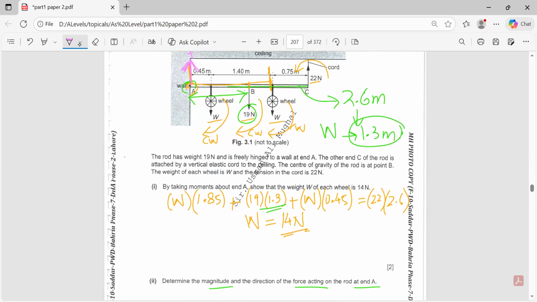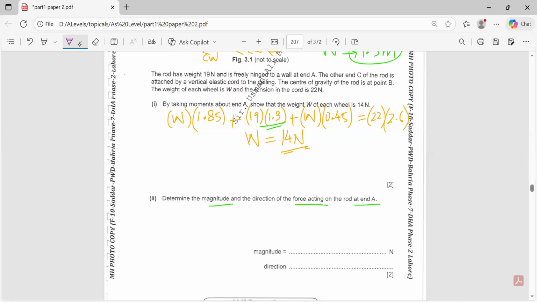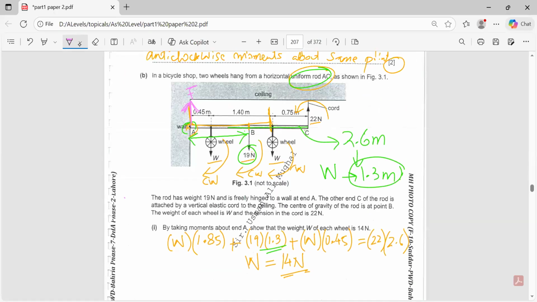I know this whole bar is in equilibrium. If the whole bar is in equilibrium, the sum of upward forces is equal to the sum of downward forces.